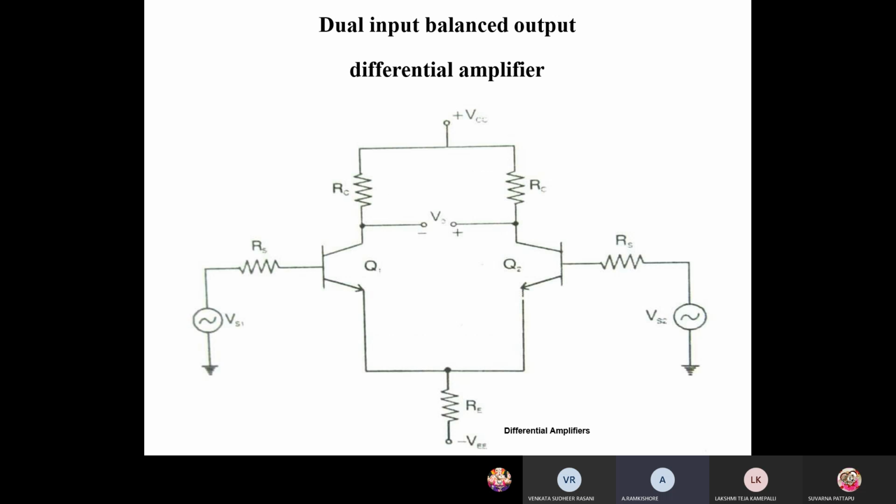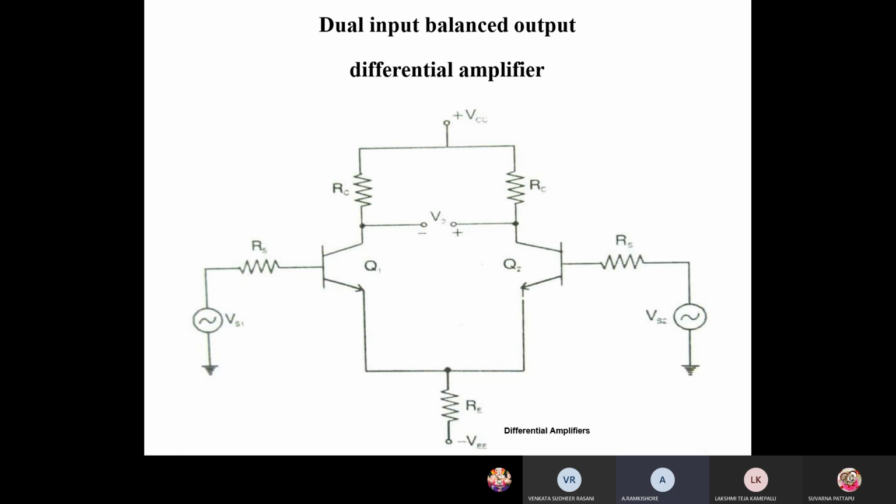We will see what their structures are like. So these are the circuit diagrams for the dual input balanced output differential amplifier. In this dual input balanced output, based on the name, dual input, we have 2 inputs.